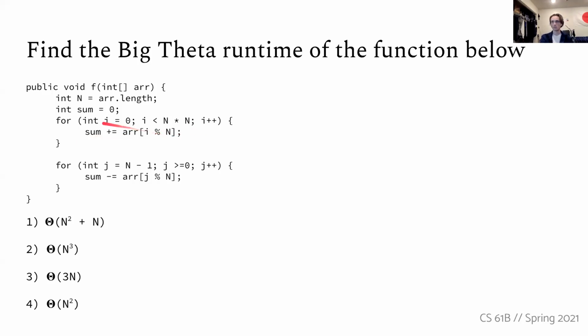We can assume these lines, some plus equals and some minus equals, are done in constant time for this problem. So they do theta of 1 work.